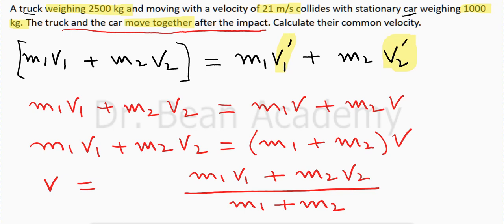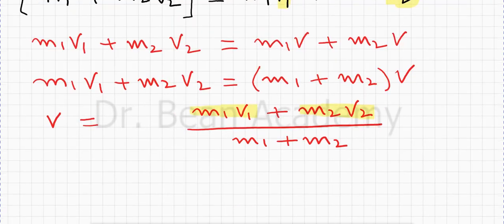We already know mass m1 and we know the initial velocity v1 of the mass m1, which is 21 meters per second, and this is the mass of the car, and they said that it is a stationary car. If the car is stationary, this v2 should be equal to 0. Even it will become simpler. So let's make it simpler.